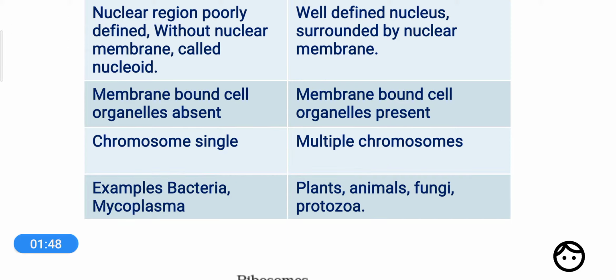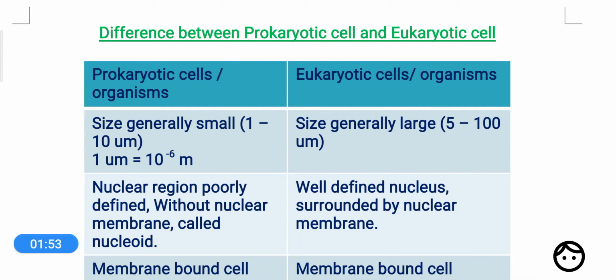Pro means primitive, and karyotic means nucleus. So the cells containing a primitive nucleus are called prokaryotic cells, while eukaryotic means true, so the cells containing a true or well defined nucleus are called eukaryotic cells.